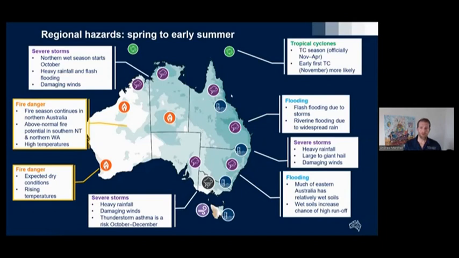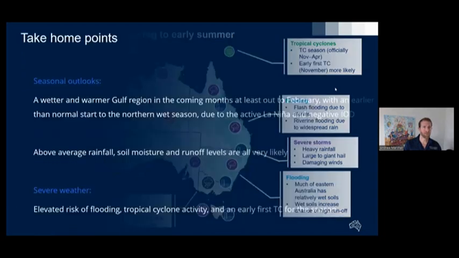And we also expect to see higher likelihood of flooding associated with all that rainfall that we've been having over the last few years. Through the last 3 La Nina events, we have had wetter soils, and we're seeing a high chance of above average rainfall, and so we are expecting a higher risk of flooding this year.